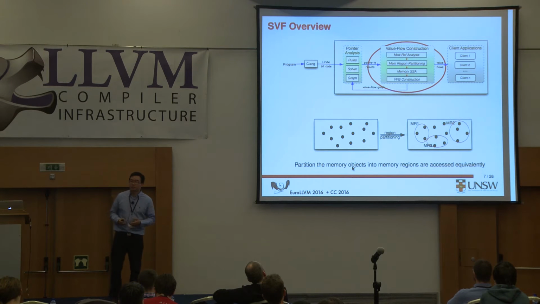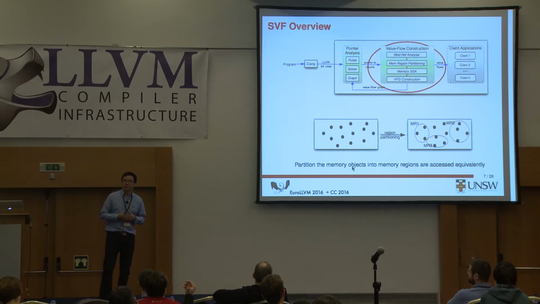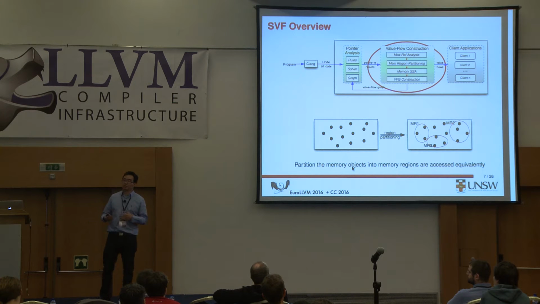So given arbitrary pointer alias analysis results, the points-to information can be used later to annotate the side effects on the program statements, and then we can eventually build the memory SSA form and generate a value flow graph. Before we build the memory SSA form, we want to partition the memory objects into regions so that we can reduce the overall construction time.